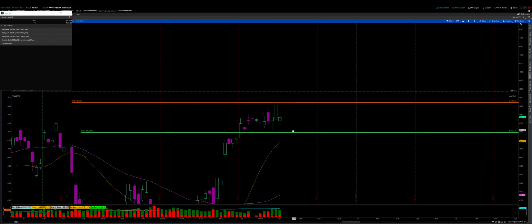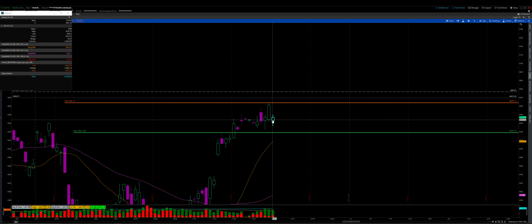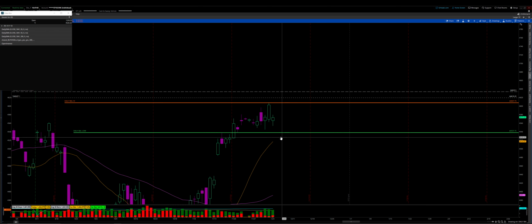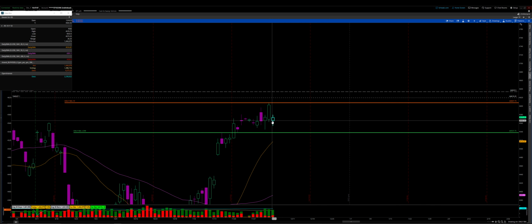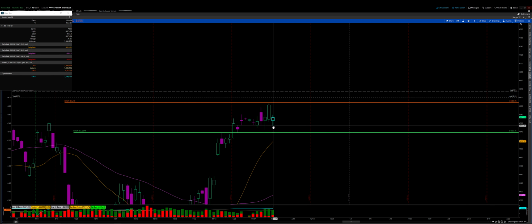However, that was not the case. Today we took out the previous day's low, or Friday's low, and pretty much chopped around in the lower distribution from Friday. Remember, Friday was a double distribution.